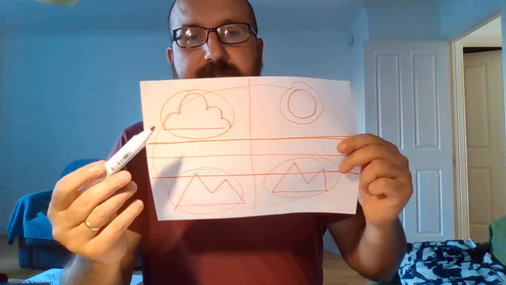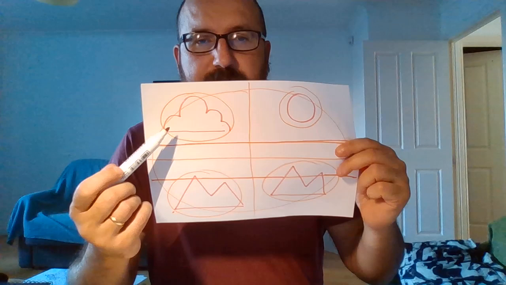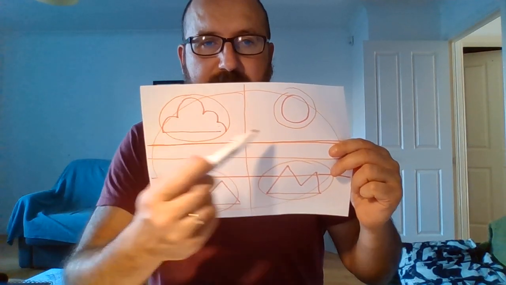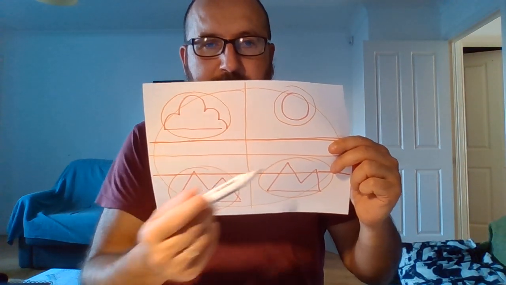My horizon and the line of the sea. All right. So in the sketch way, I showed my objects, which are cloud, sun, some rocks, and the area where my sea will be.